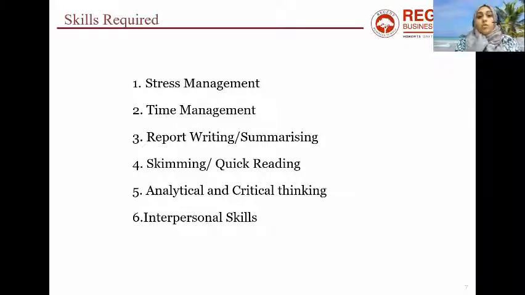Okay. So coming back to the skills required, there's interpersonal skills. What are interpersonal skills? Interpersonal skills is knowing how to communicate with others, how to approach others. So interpersonal skills, for example, if you're dealing with your mentors or your lecturers and facilitators, you don't want to be calling them up at 9 p.m. at night when you know you are infringing on their personal and family time.